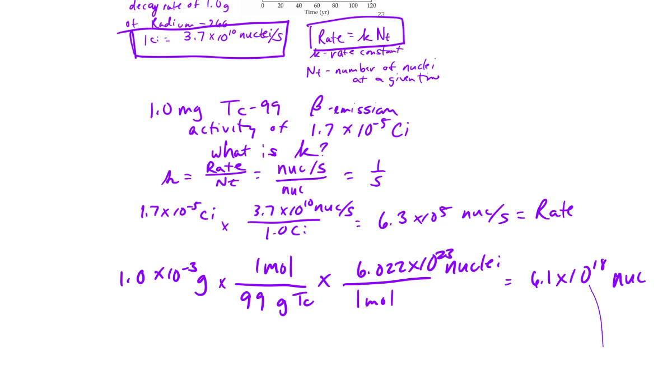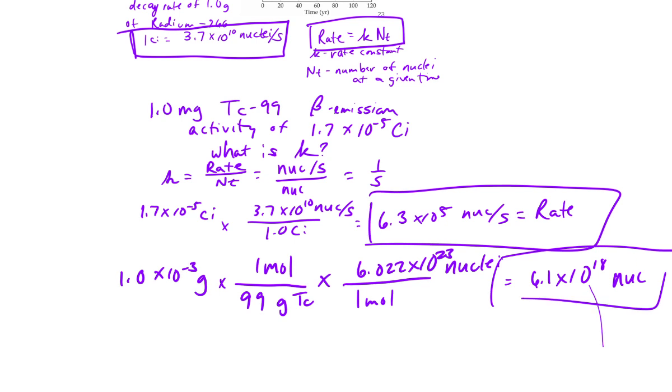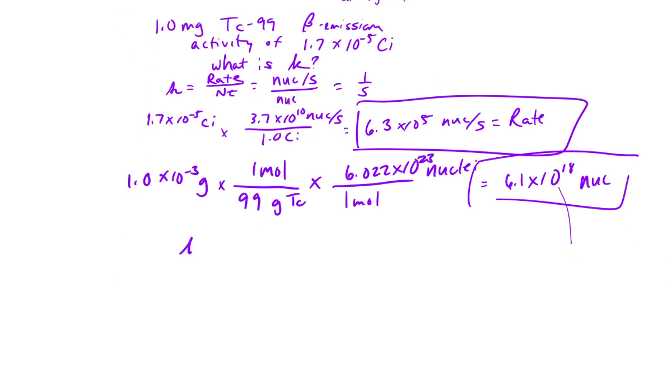And now, because we have these two numbers, the rate and the number of nuclei, we can determine our rate constant. So we'll have 6.3 times 10 to the 5th nuclei per second, divided by 6.1 times 10 to the 18 nuclei.